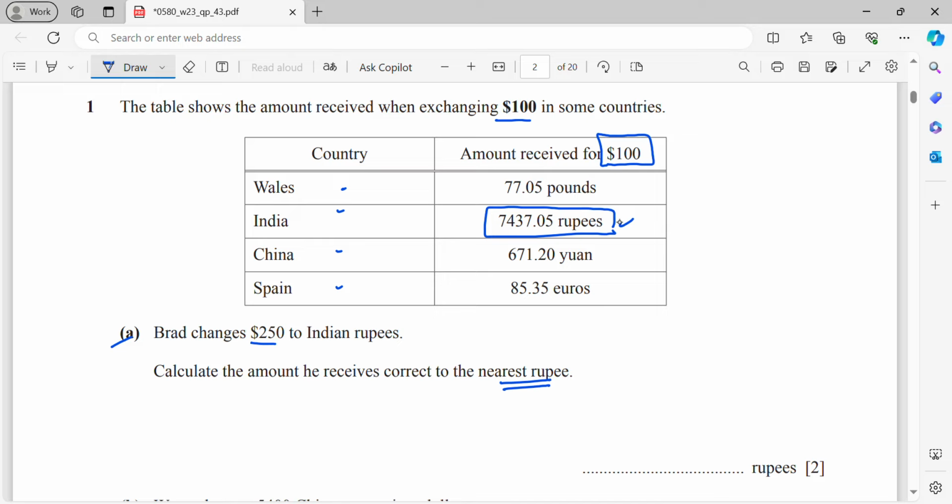So now Brad changes $250, which means I will write $100 equivalent to 7437.05 rupees. Okay, then now $250, let it be X rupees. So to get the X, we just use cross multiplication.